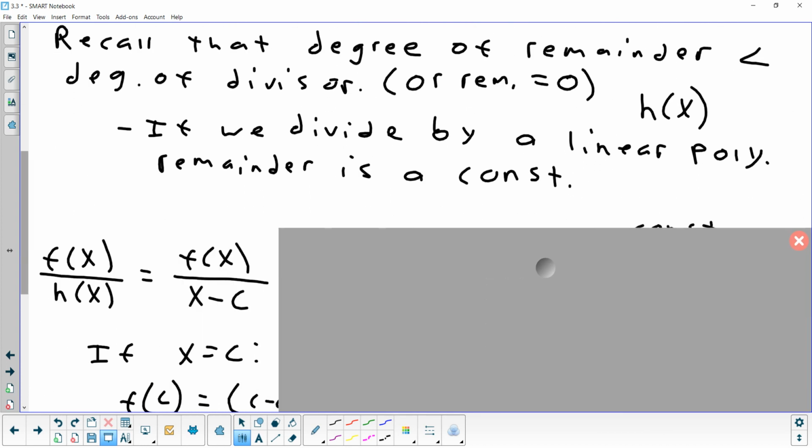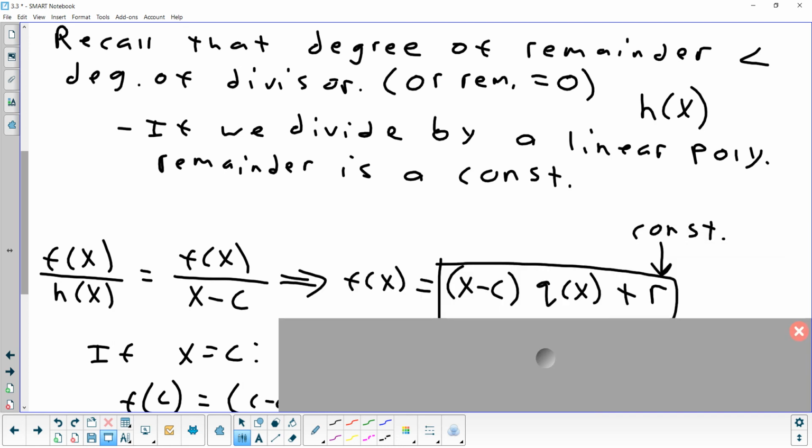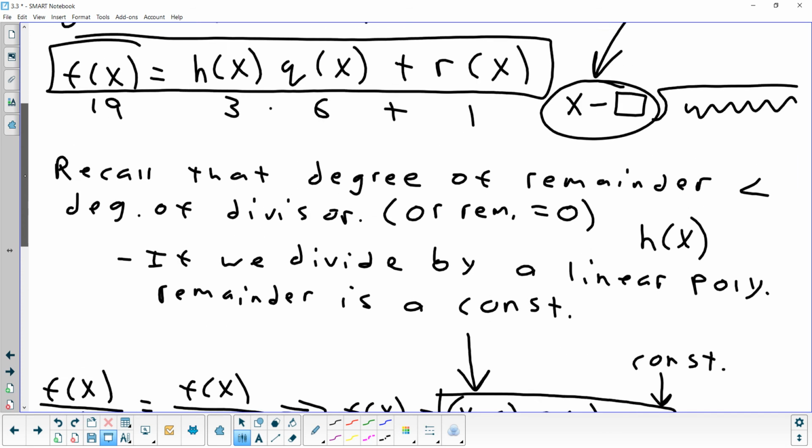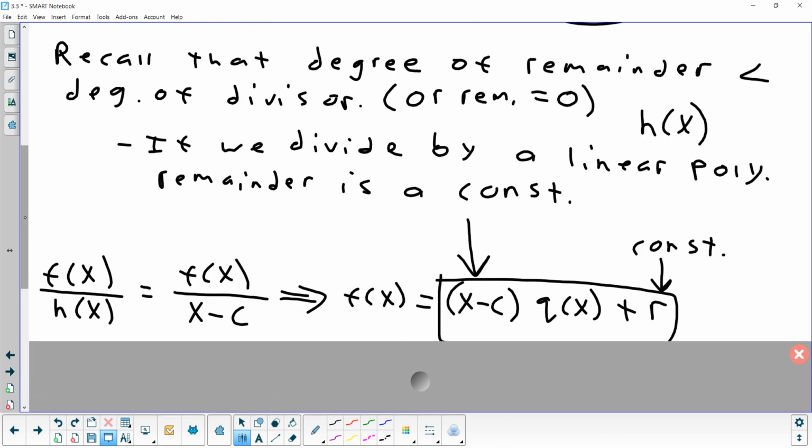So all we're going to do in our formula is replace h of x with something specific. We're going to replace it with x minus c. Everything else stayed the same. That was h of x. H of x represents something generic.